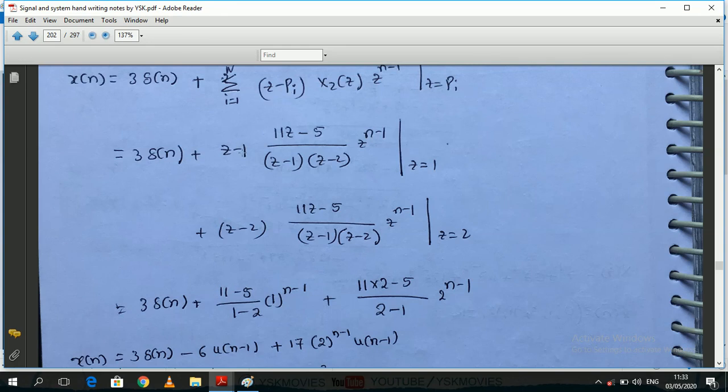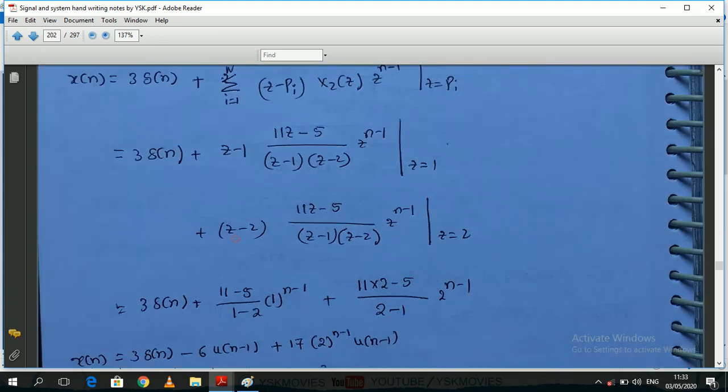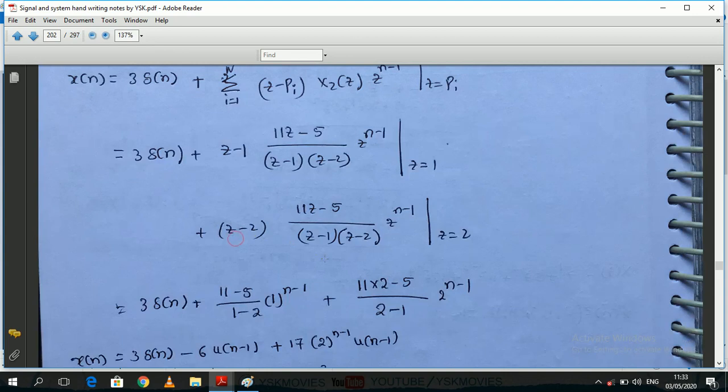So for the first pole, (z minus 1) times (11 z minus 5) by (z minus 1)(z minus 2) into z power n minus 1, where z equal to pi, meaning the first pole z equal to 1. So you can find that out. At the same time, plus the second pole, (z minus 2) times that entire expression into z power n minus 1, where z equal to 2.